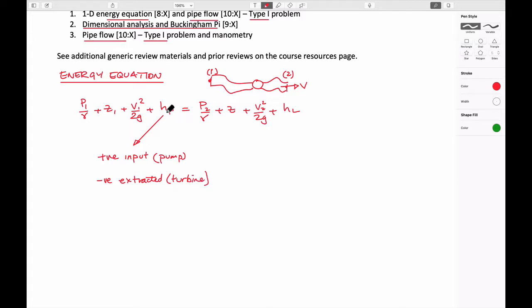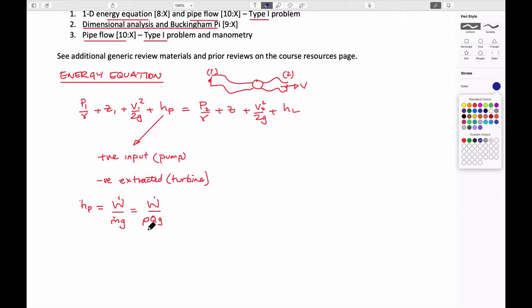And you can relate the magnitude of this pump head to a power, if you like, just by using the expression that the pump head is equal to the power in watts divided by the mass flow rate times gravitational acceleration, or the power being equal to the mass flow rate, which is just the density times the volumetric flow rate, times g. So this term here is merely representing mass flow rate, as you know. So that's no great surprise.